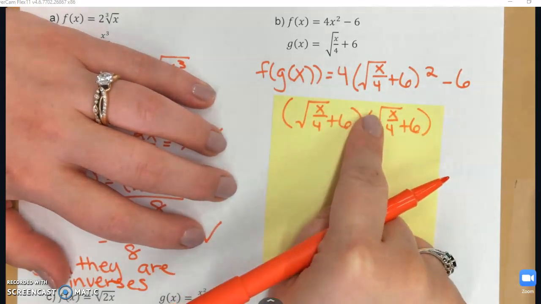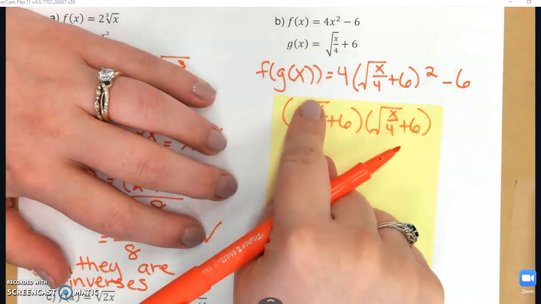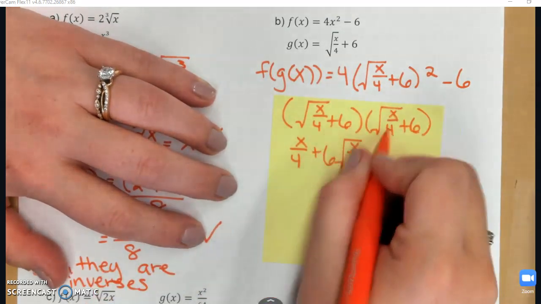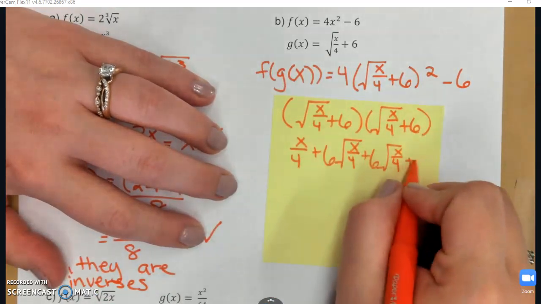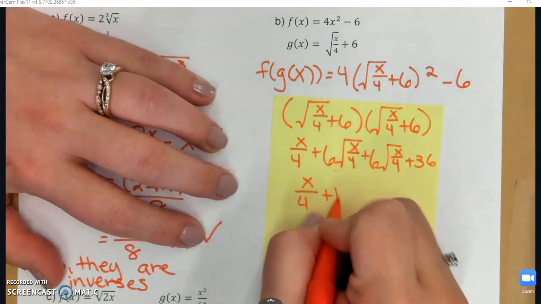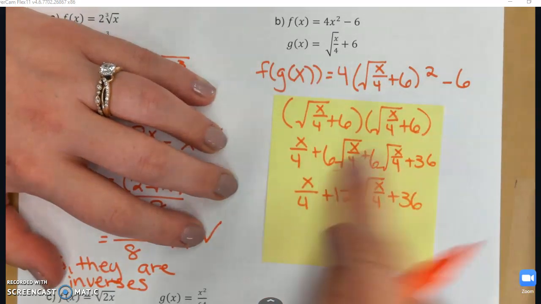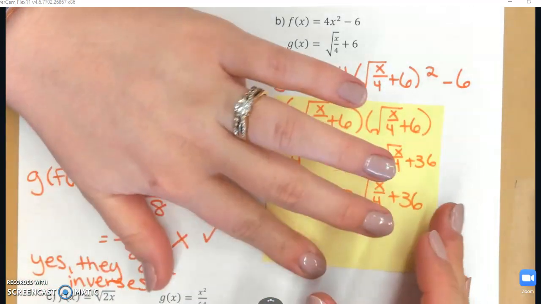When I multiply the roots together, that's going to give me x over 4. Then I'm going to get 6 times square root of x over 4, 6 times square root of x over 4, and 36. So I can combine the middle terms. And here is my result from FOILing. So this is going to replace this. We squared that, so we can do our next operation.